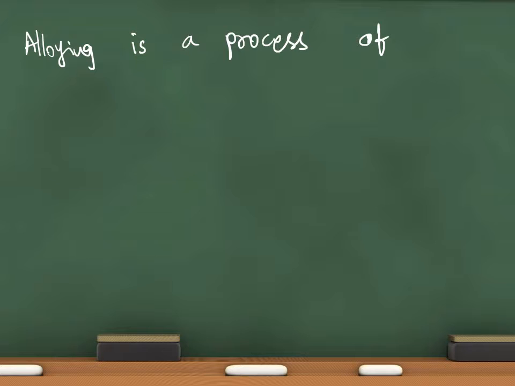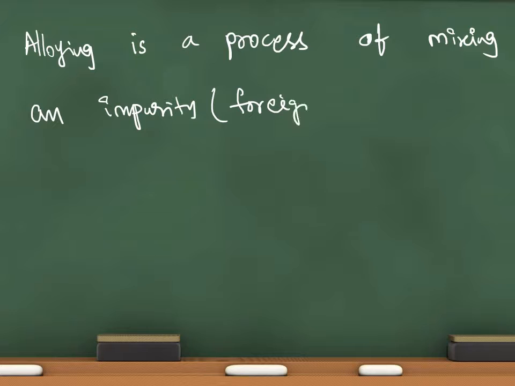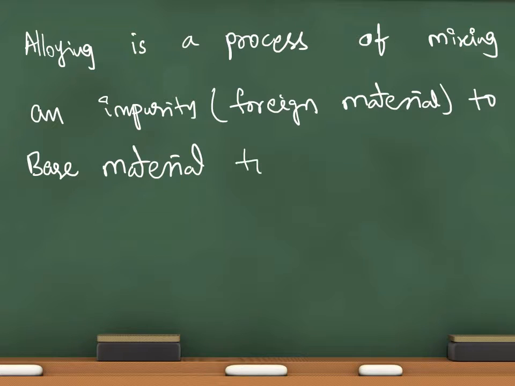Now we will define it formally. Alloying is a process of mixing an impurity, or a foreign material, to the base metal or base material to alter the resistivity.